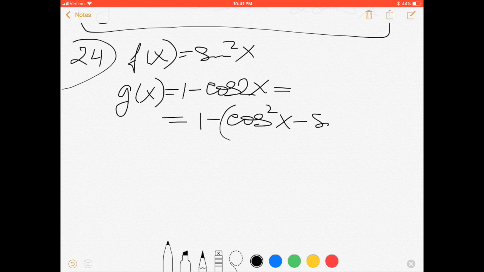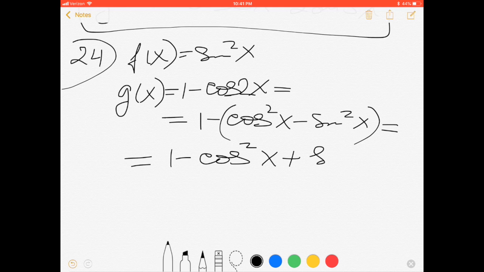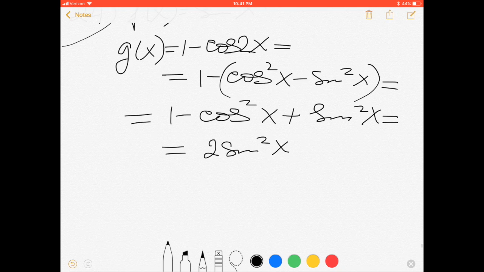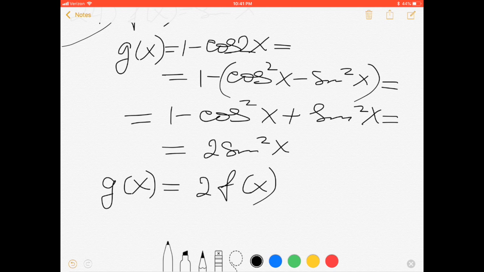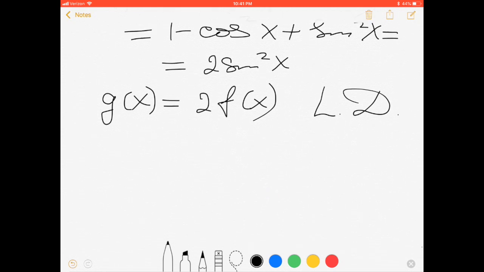I write it this way: sine square x plus 1 minus cosine square x. But 1 minus cosine square is sine square. This means here I have 2 sine square x. This means my function g(x) is exactly my function f(x) twice. These functions are linearly dependent. Okay.